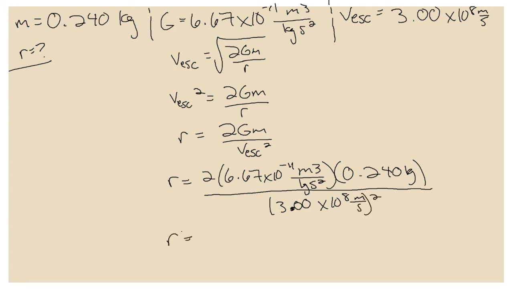And when you do that math, what you end up getting, frankly, is a ridiculous number. You get 3.557 times 10 to the negative 28 meters, or approximately 3.56 times 10 to the negative 28 meters.